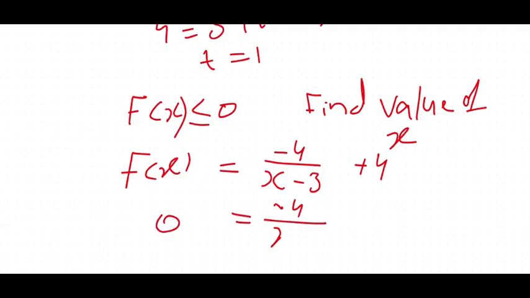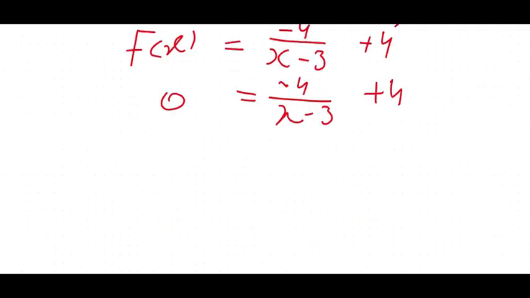Now guys, the plus 4 goes over to this side as minus 4. And this x minus 3, like minus 4 by x minus 3.